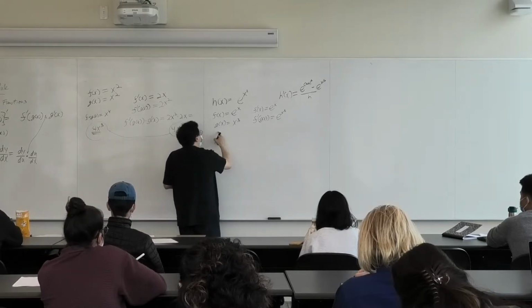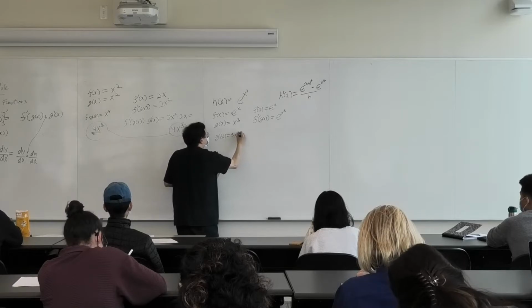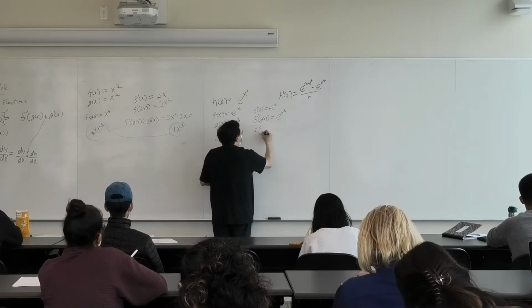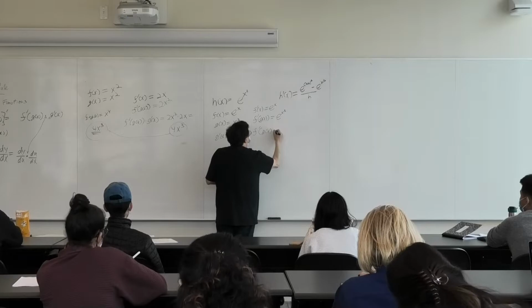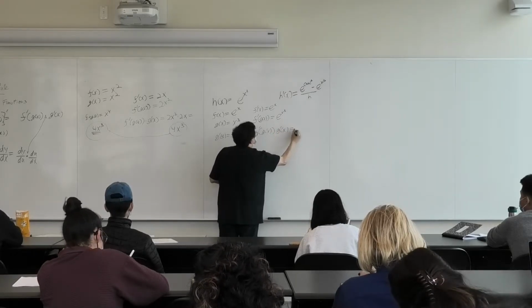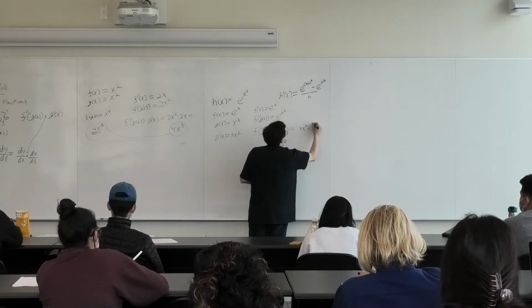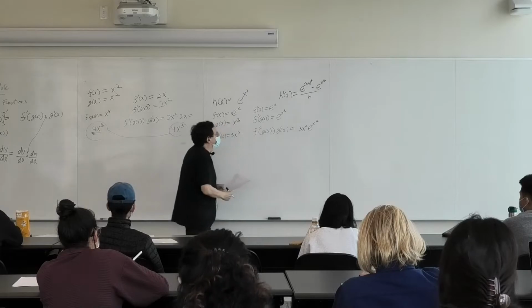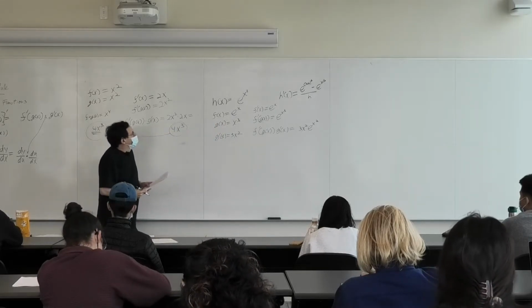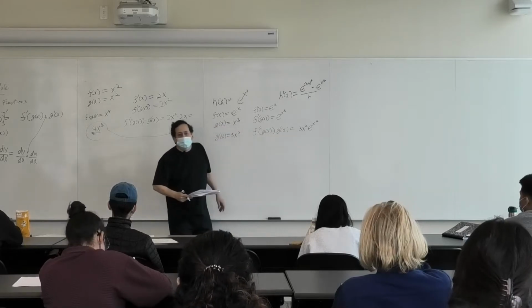And then what's g prime? It's 3x squared. So f prime g of x, g prime of x is just 3x squared e to the x cubed. Wow. I mean, this is pretty ugly, and this is even uglier. But there it is. That's our derivative.